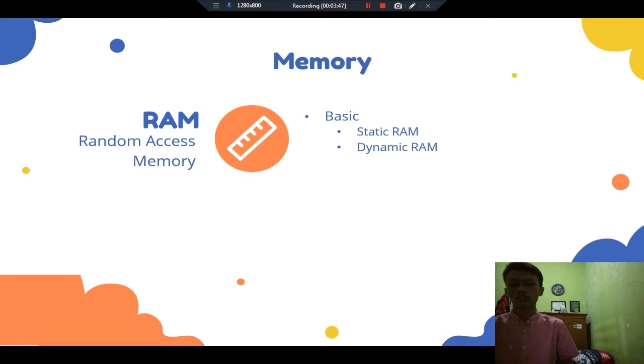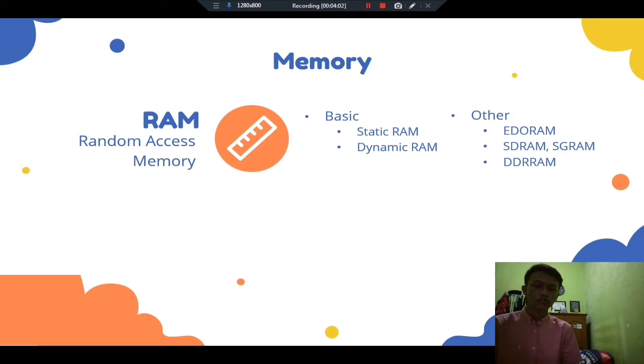And second is dynamic RAM. Then dynamic RAM loses its stored information in very short time, even when power supply is on. And dynamic RAM are cheaper and slower. Then there are some other RAM. The first is EDO RAM or extended data output RAM.